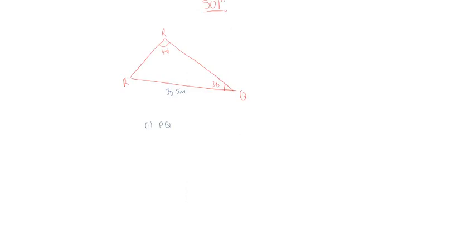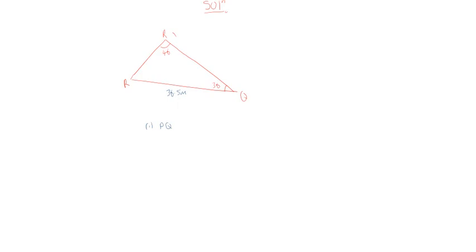So let us go to this diagram and try to locate PQ. I have my point P here and my point Q there. So they want me to calculate this side. It's the same thing I would do on the diagram that I've drawn here.